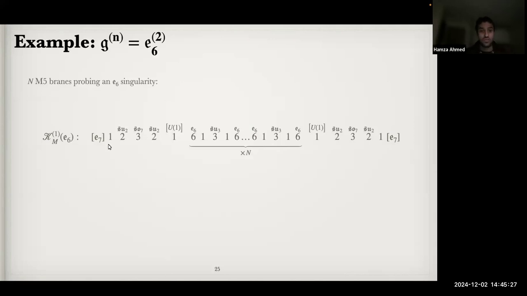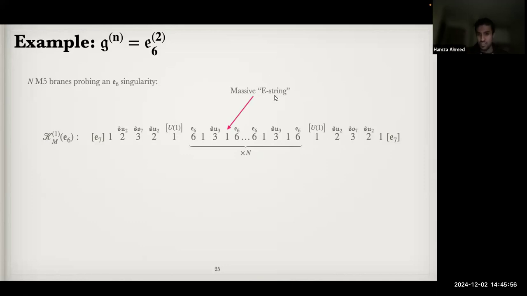Good. So this is the theory we get, and in this case, you can see that if naively I just think of these algebras here, then there's an automorphism associated to each of the E6 and SU3s, right? Because both of these algebras have a Z2, and so there would be an automorphism associated to each of them. However, as I said, there's some spectrum in the theory that constrains this.